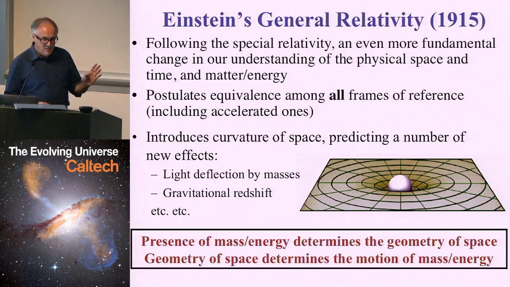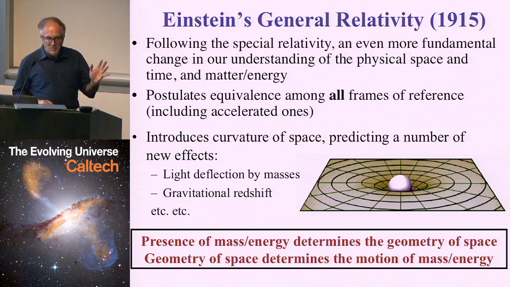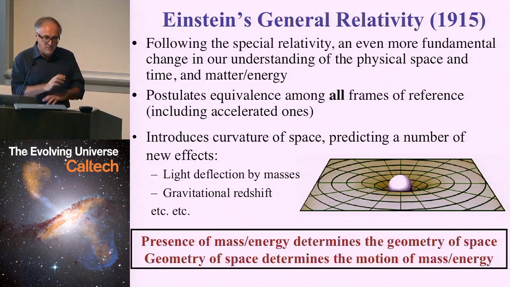Presence of mass, or energy for that matter, changes the geometry of space-time around them, induces curvature of space. Now, usually we have this two-dimensional rubber sheet analogy, but you can imagine the same thing in 3D. And this is a unique prediction of general relativity.